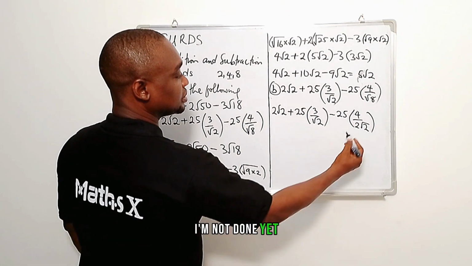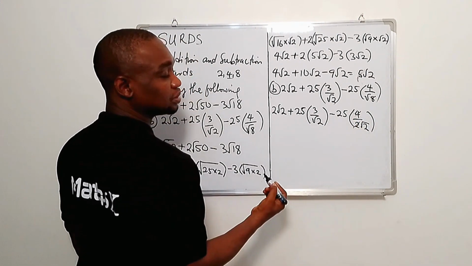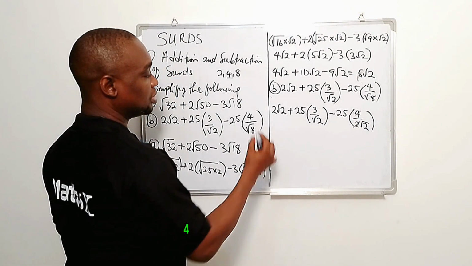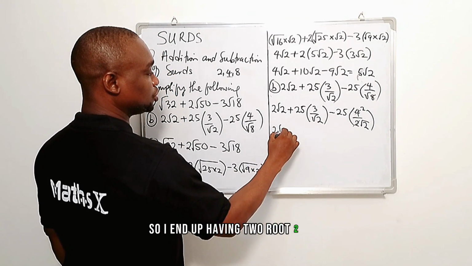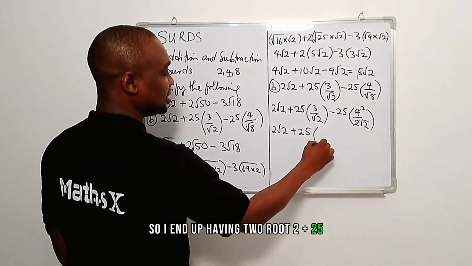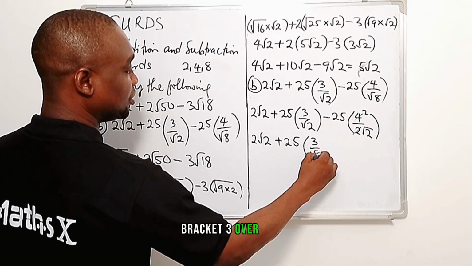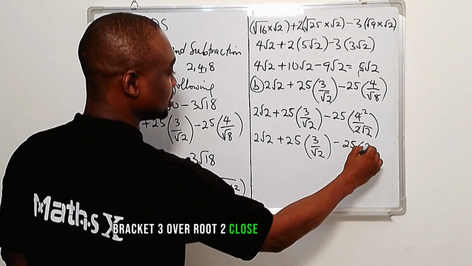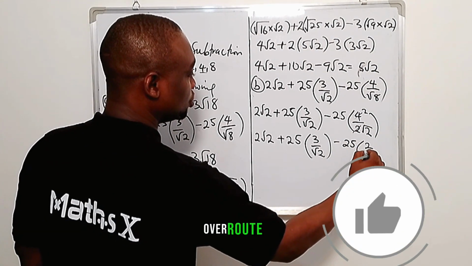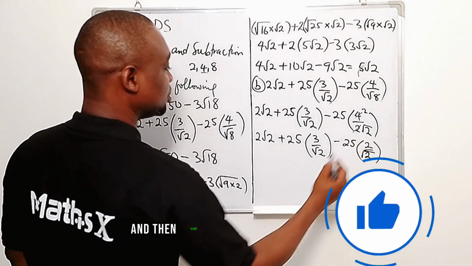I'm not done yet. 2 cancels 4, which is 2 times. So I end up having 2 root 2 plus 25 bracket 3 over root 2 close minus 25 bracket 2 over root 2 and then close.